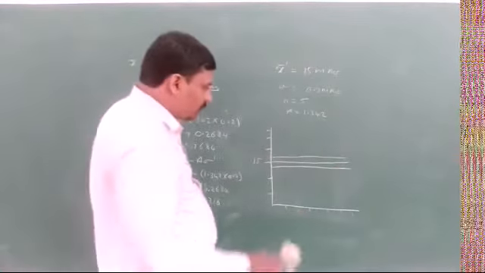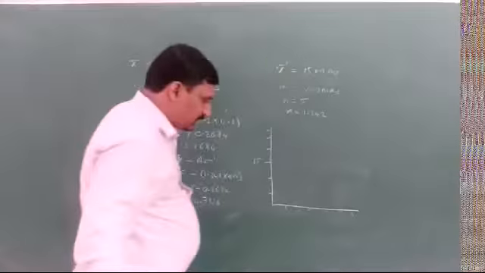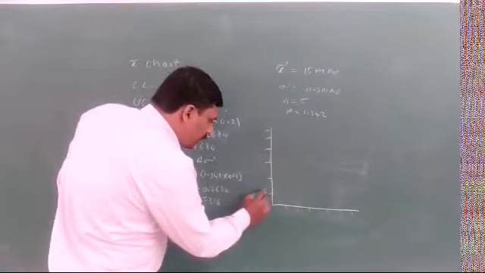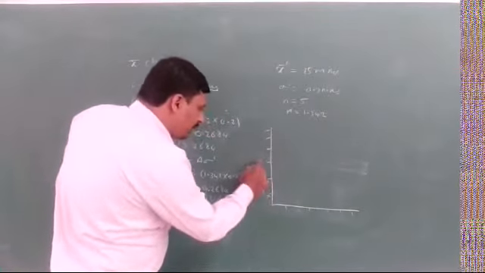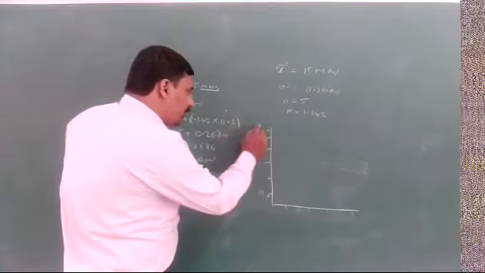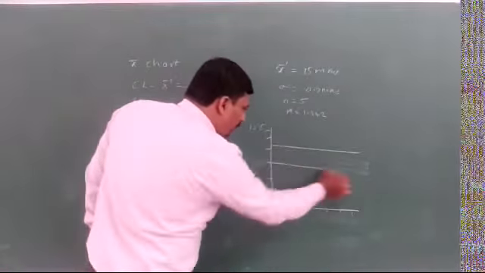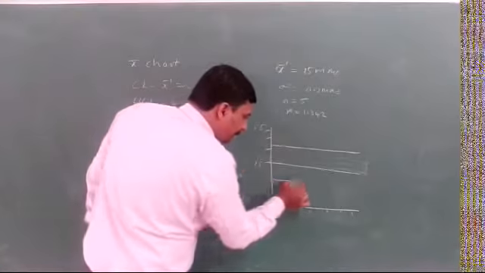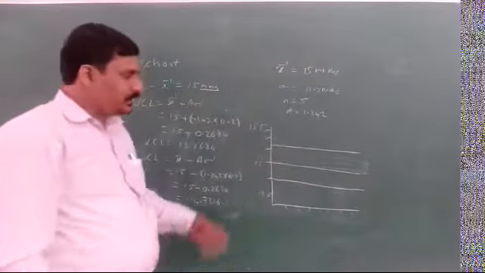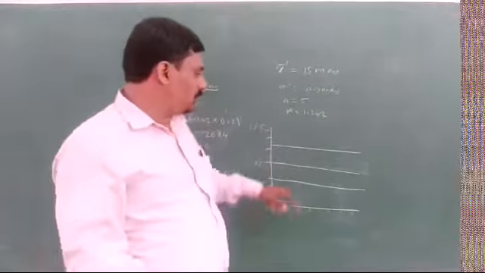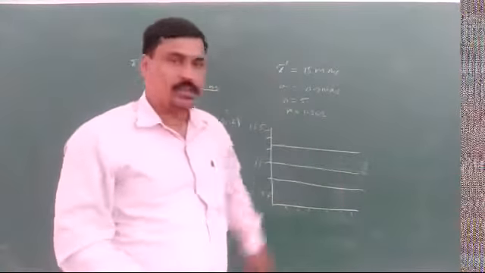If you want to increase the size, we take 14.5, 15, 15.5 and plot them here, so we get a little wider space. Then whatever samples we studied, we plot those values in the graph sheet.